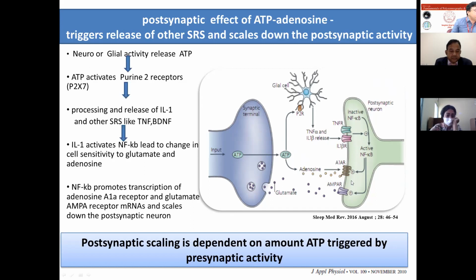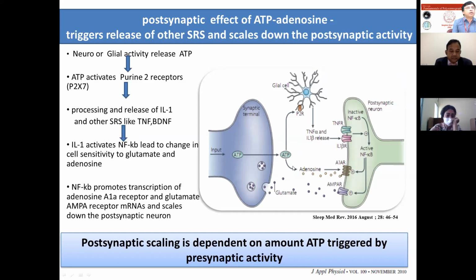So this is how the postsynaptic downscaling of activity in all these wake promoting circuitry depends on the amount of ATP that is triggered by the presynaptic activity.